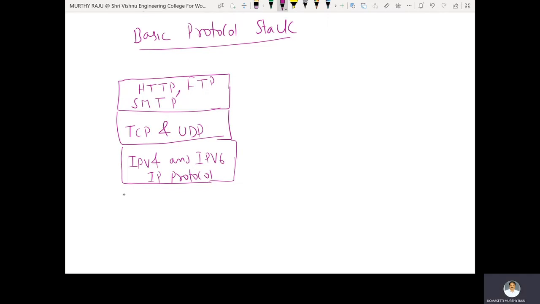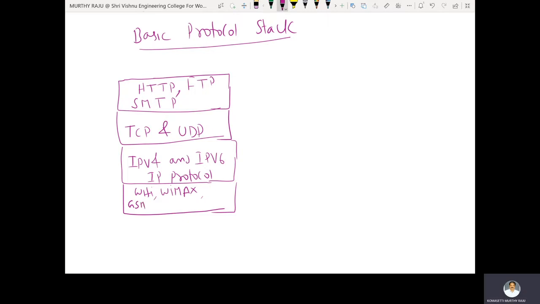Next one, coming to data link layer: Wi-Fi, WiMAX, Worldwide Interoperability for Microwave Access. For mobile communications, we use GSM.